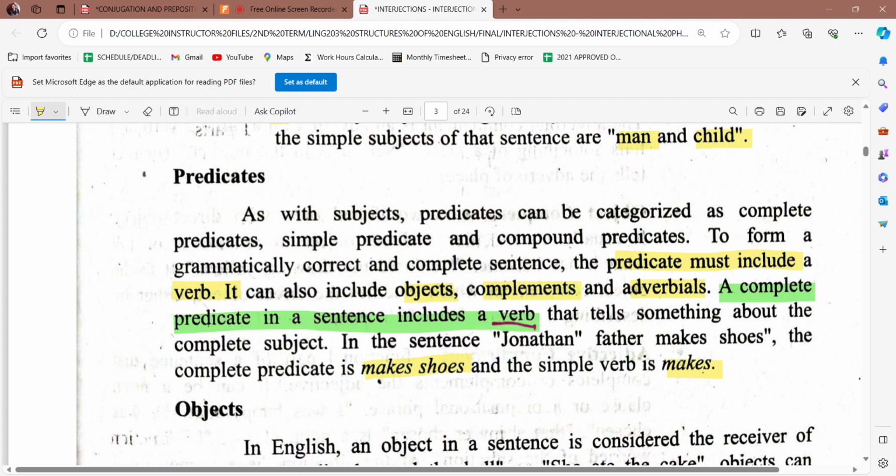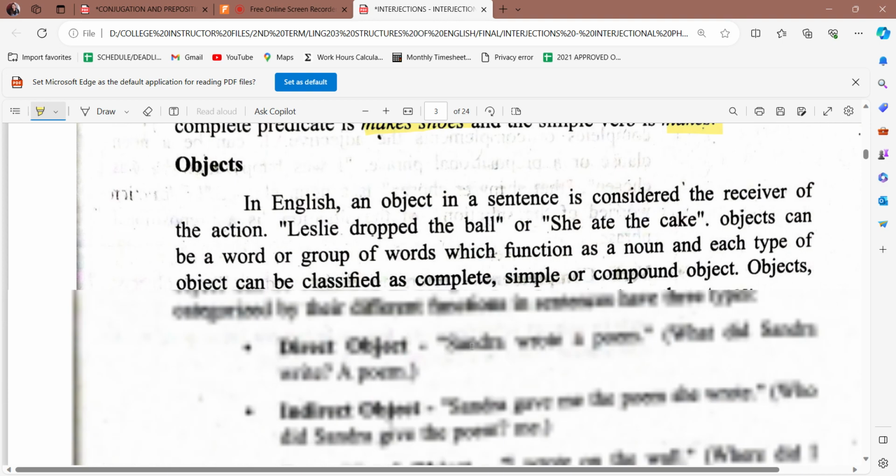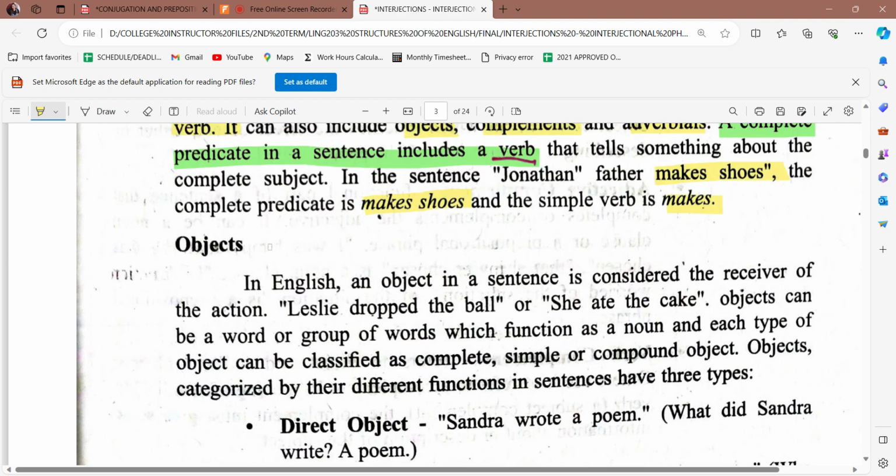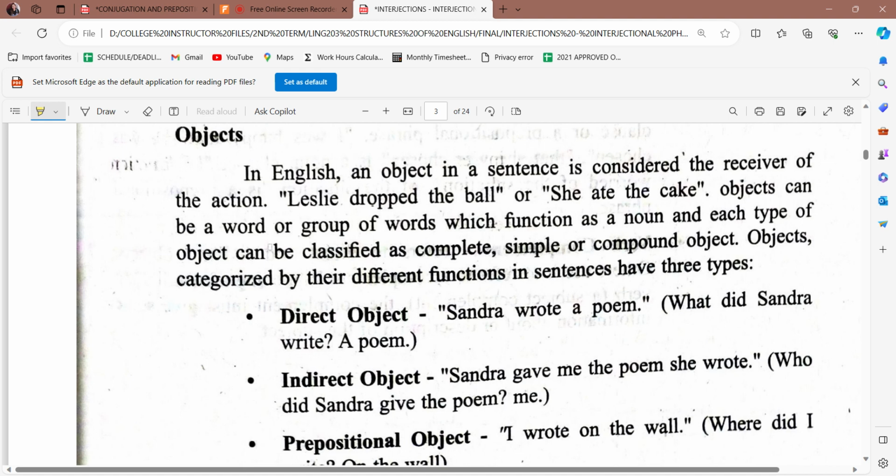So we start here with the verb, moving on to the last. Okay? We also have objects. In English, an object in a sentence is considered the receiver of the action. For example, Leslie dropped the ball, or she ate the cake.